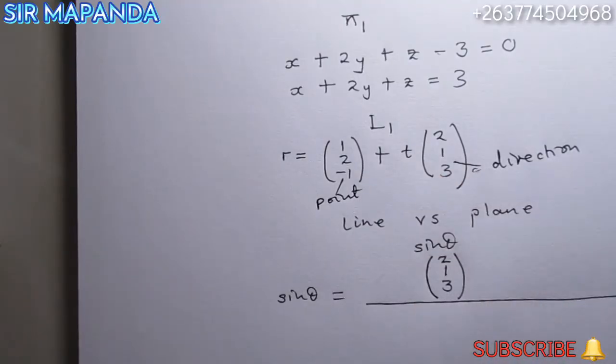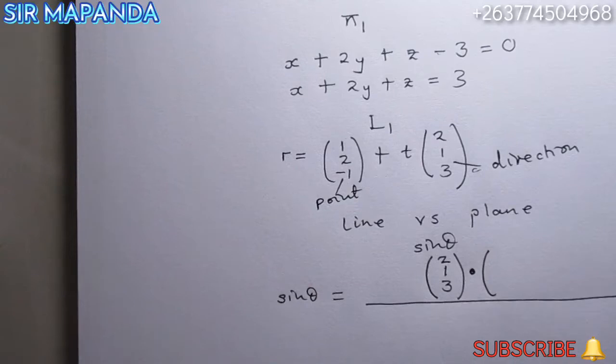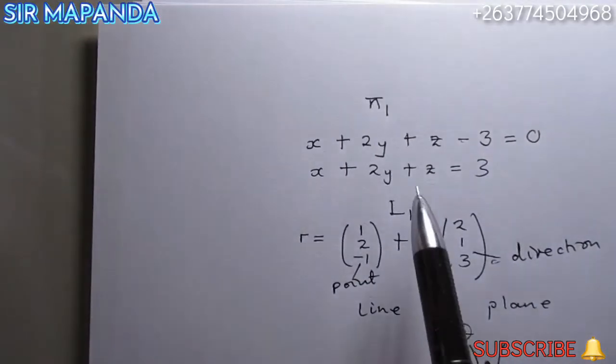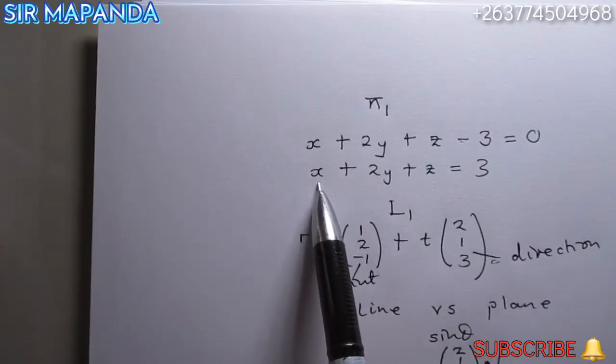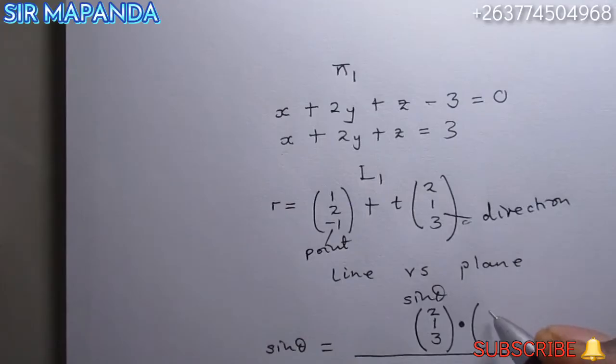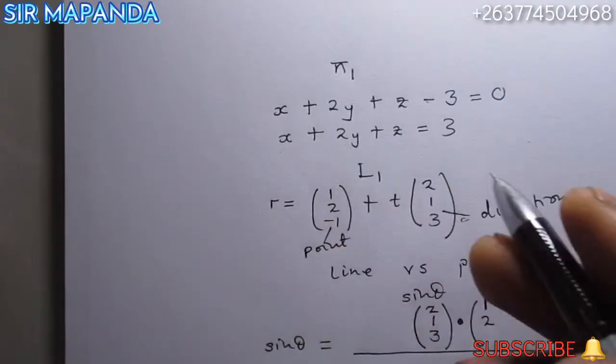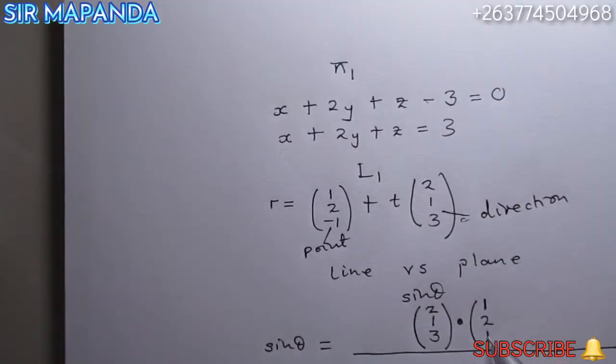So we need the direction bracket. We are going to perform a dot product with the normal vector of pi 1. The normal vector of pi 1 is made up of the coefficients of x, y, and z. So we are going to take 1, 2 here, and 1. I hope you are following.